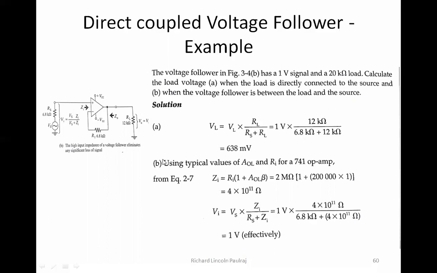So we are referring to both, with and without. When this load is directly connected to the source, that means without the voltage follower, and when the voltage follower is between the load and the source.